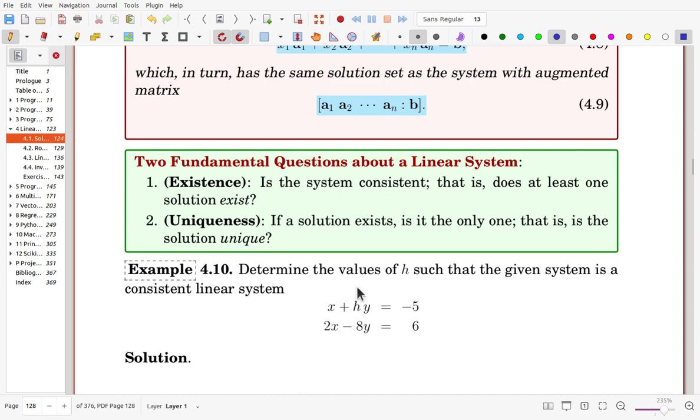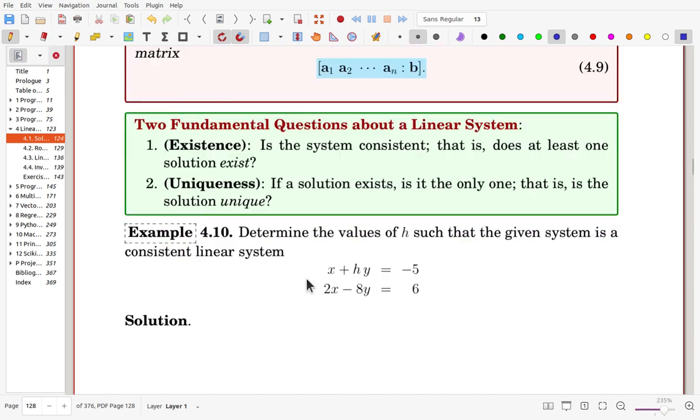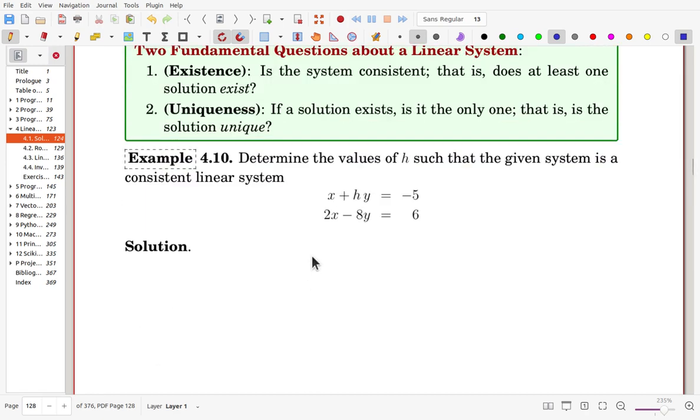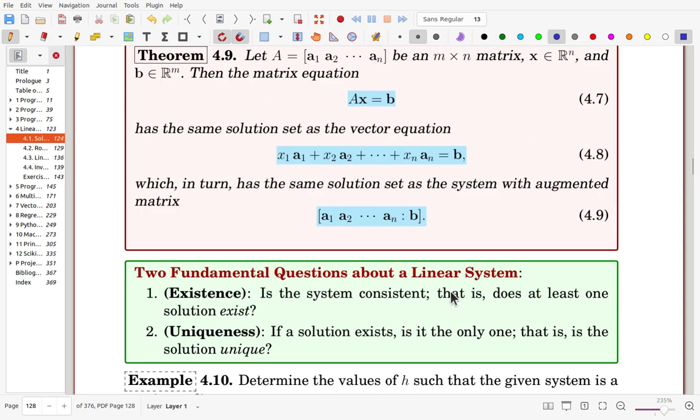Determine the values of h such that the given system is a consistent linear system. That means we try to find the h such that the system has at least one solution. Now, we already know that for the linear system, we can write it as a matrix equation, vector equation, or augmented matrix.